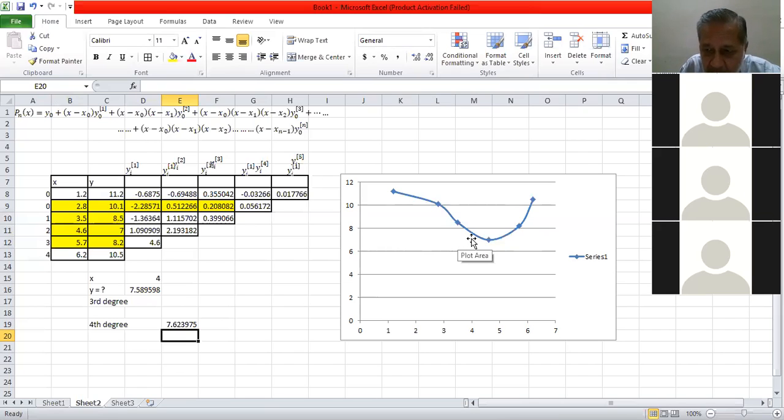How? We can see that in this part, अगर आपको calculus याद है, concavity is downward and here the concavity is upward. So this is more like a cubic. So third degree estimation would be better.